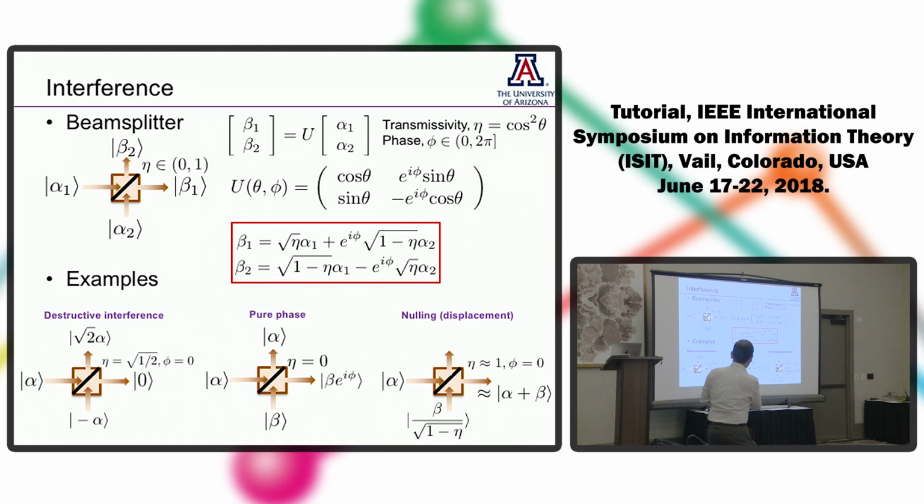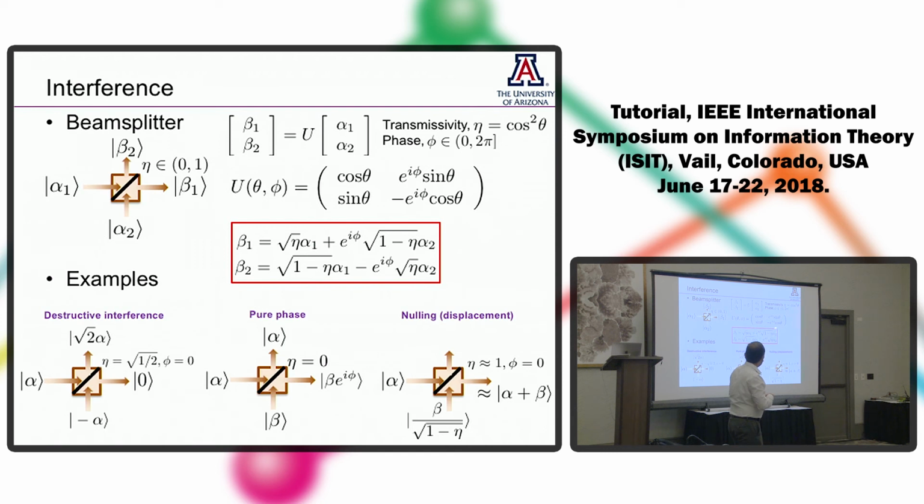So I'm putting in alpha 1 and alpha 2, two complex numbers. The outputs beta 1 and beta 2 are two complex numbers which are a two-input unitary applied to alpha 1 and alpha 2. And as you know, a 2 by 2 unitary is described in the most general way by two phases, one between 0 and pi by 2, and the other between 0 and 2 pi.